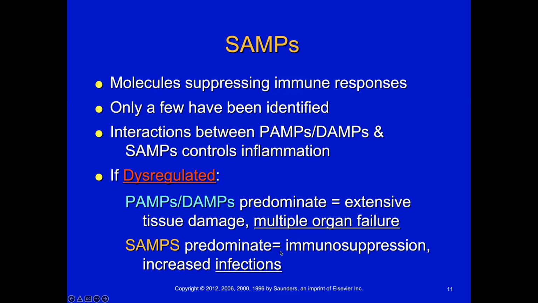So basically what happens is the immune cells aren't responding as much as they should, and you're not having as much occurring to get rid of whatever is causing the problem. So with that immunosuppression, you will get pathogens that are escaping the process of being eradicated, and you will get increased infections. And depending on what the infection is and how severe, and if it's responsive to medications, this also can lead to death.